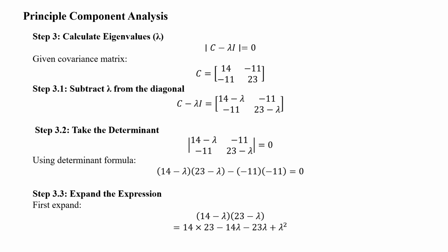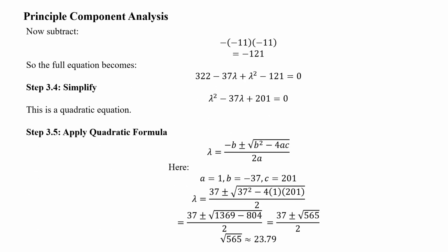So the expression becomes 322 minus 37 lambda plus lambda squared. This expanded form will now be used to complete the eigenvalue calculation. Step 3 continued. Now subtract. Negative 11 multiplied by negative 11 equals positive 121.